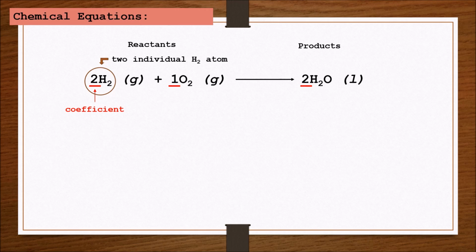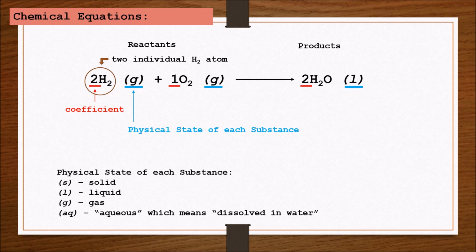Also, I want to specify that these italicized letters beside the reactants and the products are what we call the physical state of each of these individual substances. S is the abbreviation for solid, L is for liquid, G is for gas, and AQ is what we call aqueous, which means dissolved in water.